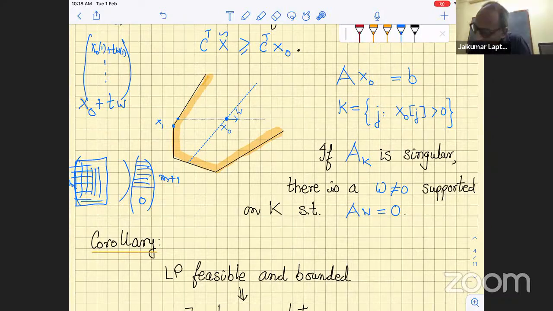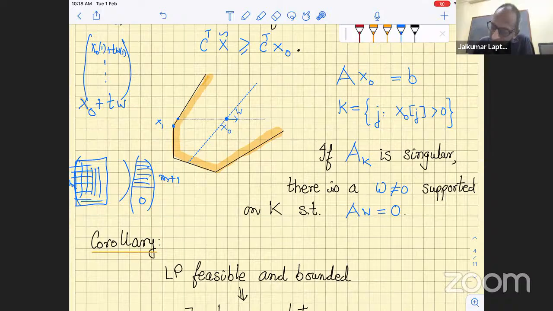But suppose it was the case that in this direction, C transpose times W is strictly greater than 0, in the positive direction of W. And you could go on indefinitely in this direction without violating feasibility, then the linear program was unbounded, because by moving in the direction W, you could have gone on forever. So we can assume that the direction in which we can move to increase the objective function is the direction which hits the wall at some point.